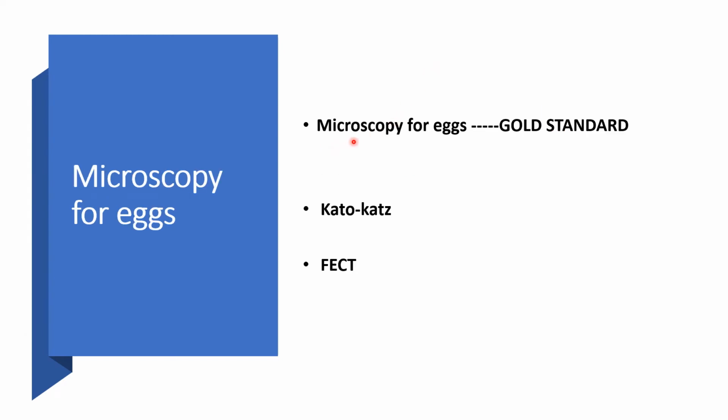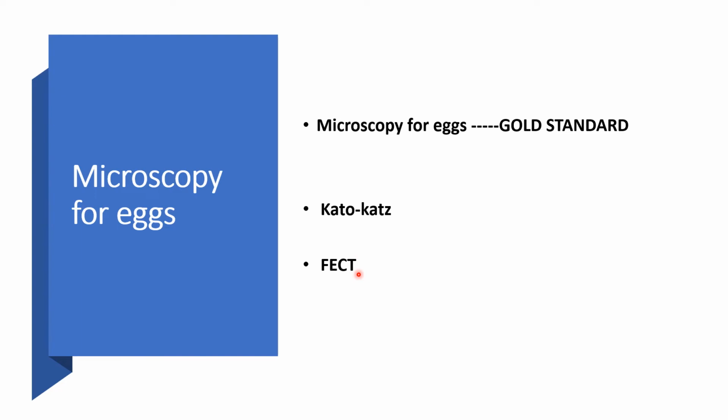Now, still on microscopy for eggs, the epidemiologist who will likely use direct microscopy for eggs for investigational purpose will use Kato-Katz technique. Okay, so they are going to use the egg output to make their determination. This is for investigational purpose.